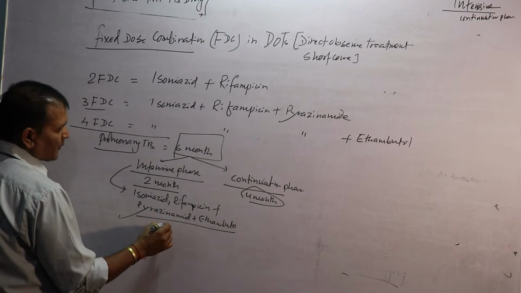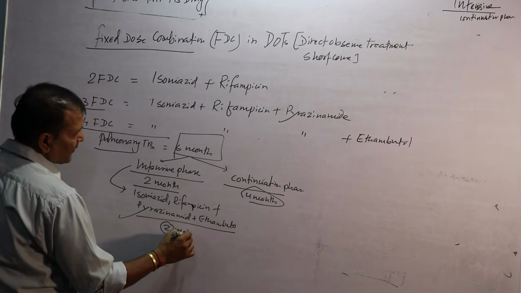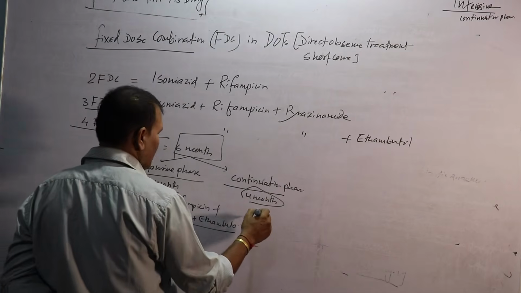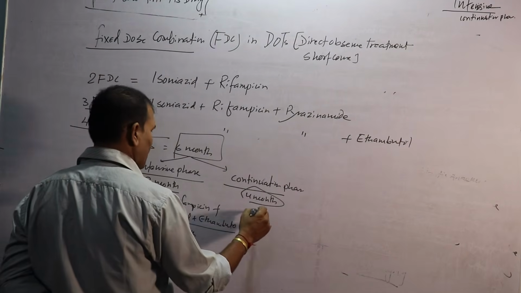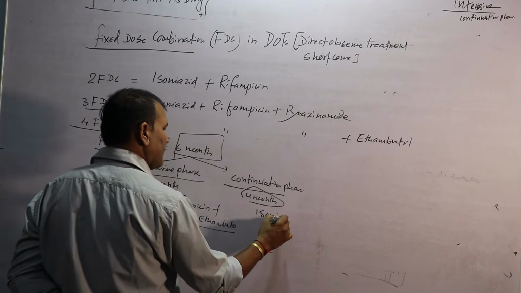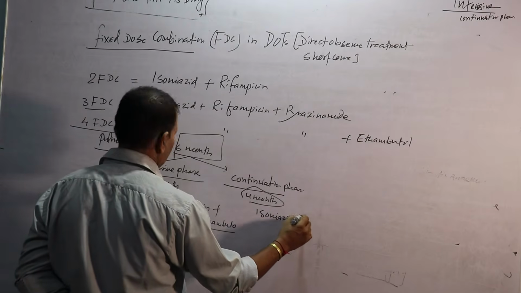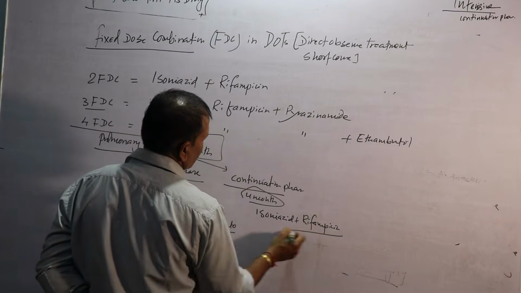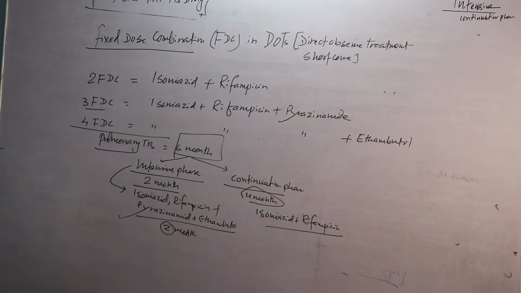These drugs are given up to 2 months. After that, 2 drugs are continued for up to 4 months: isoniazid plus rifampicin. So this is the drug of choice and their combination.